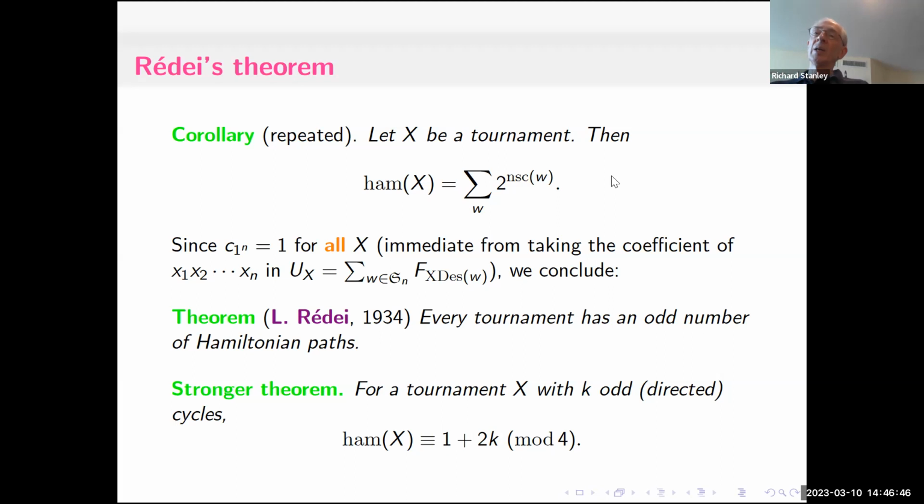Every time we have a single odd cycle, we just take it as a cycle of W and make all the other vertices singletons. So we're going to get a 2 for every odd cycle, 2k. And all the other permutations have at least 2 odd cycles, so we get a factor divisible by 4. Okay, so a nice extension of Rédei's result.